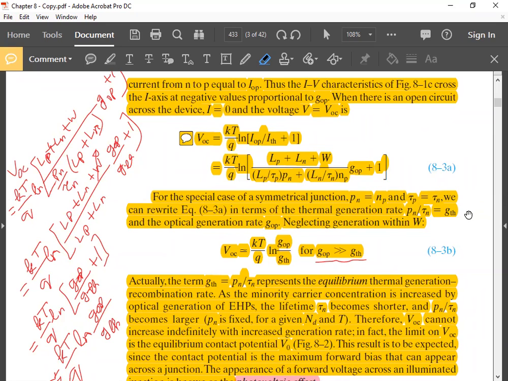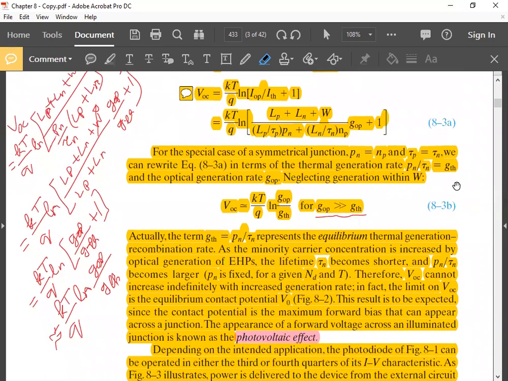So on average, pn will recombine within tau n time, and the same amount of pn will be generated within that tau n time. So pn by tau n is the thermal generation rate or recombination rate, both are the same. So that is denoted by G thermal.